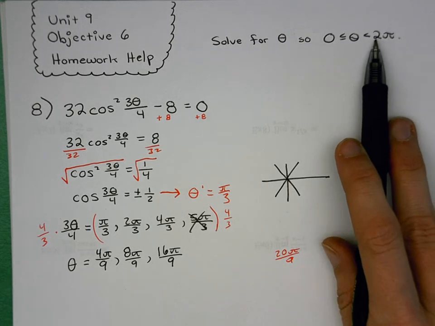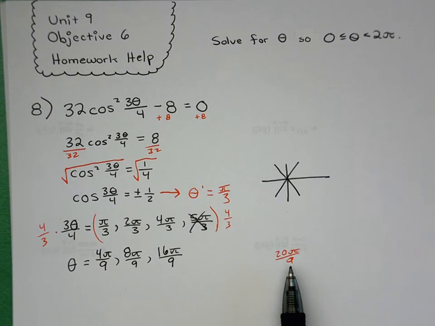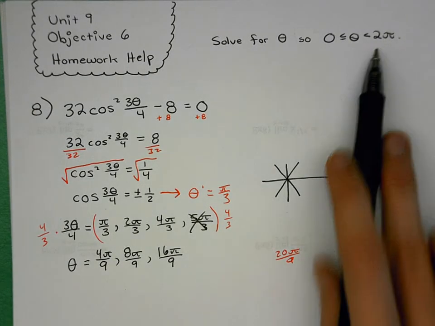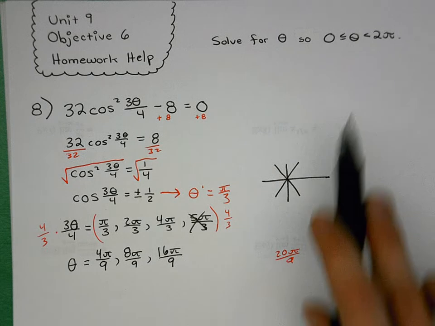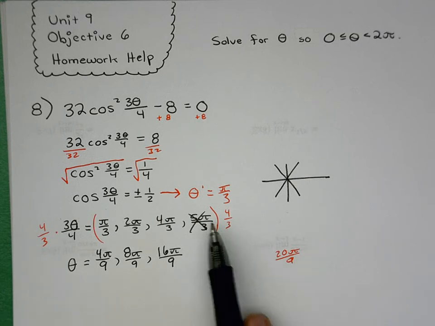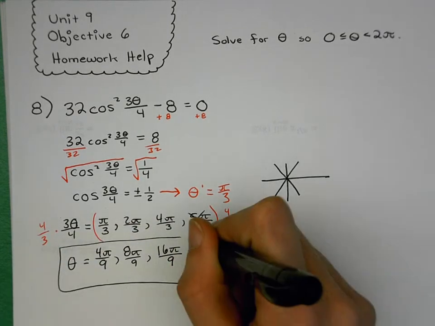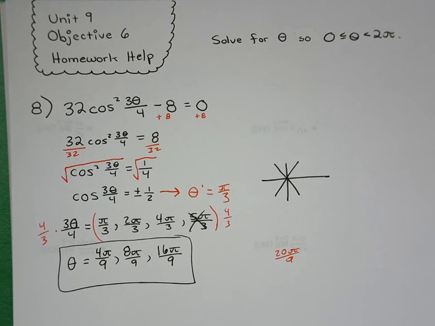It actually has to be less than 2 pi. But what would 2 pi be as a 9 in the denominator? Well, that would be 18 pi over 9. So not only can we not equal 2 pi, this is greater than 2 pi. So this is definitely outside of my domain. So even if you had left it in, you would have crossed it off at this point, leaving me with only the 3 answers.